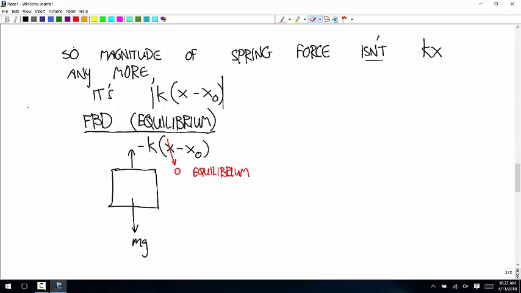And so Newton's second law, just in the x direction, says negative, negative, so k x0 minus mg is equal to 0.